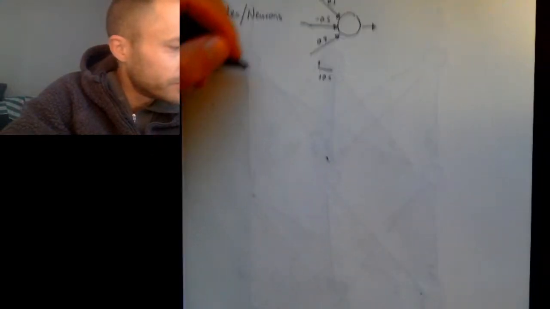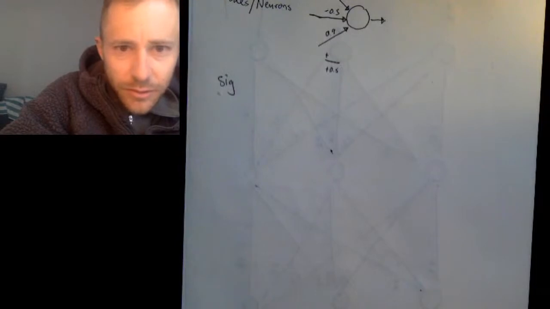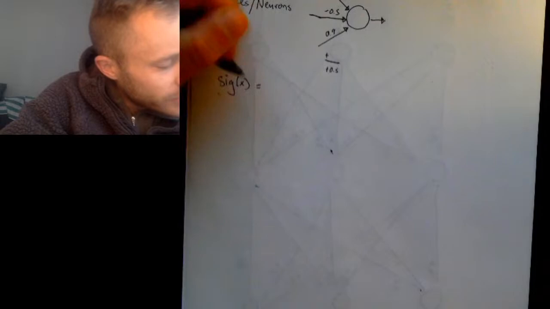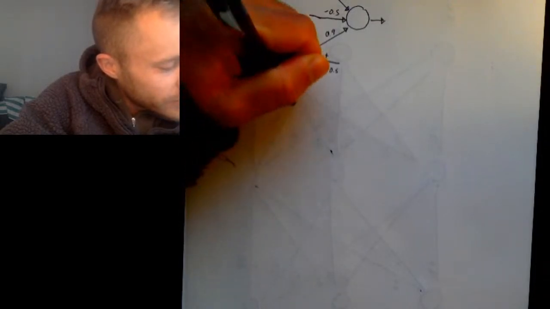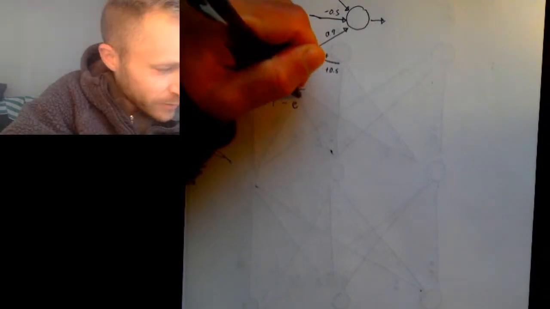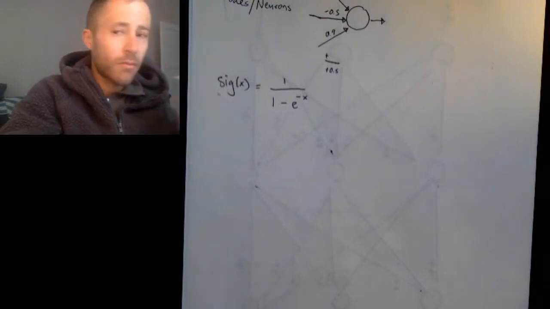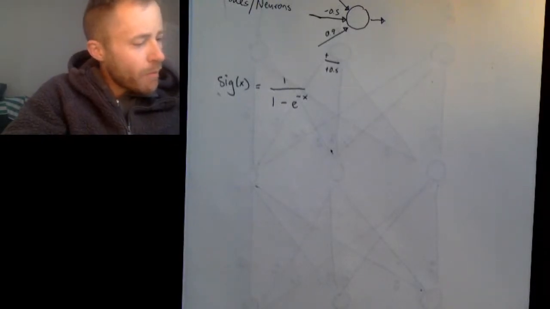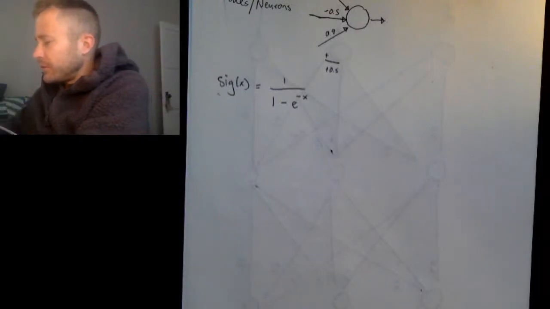It is called sigmoid, but I'll just call it sig of x is equal to 1 over 1 minus e to the negative x. Oops, am I goofing with this?